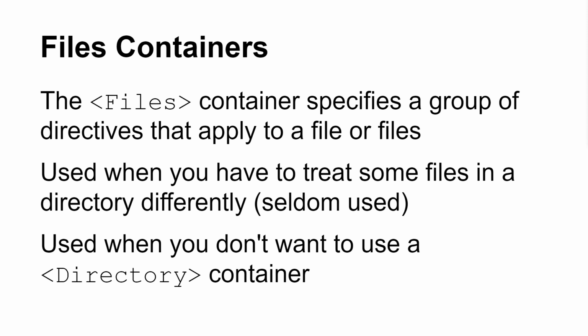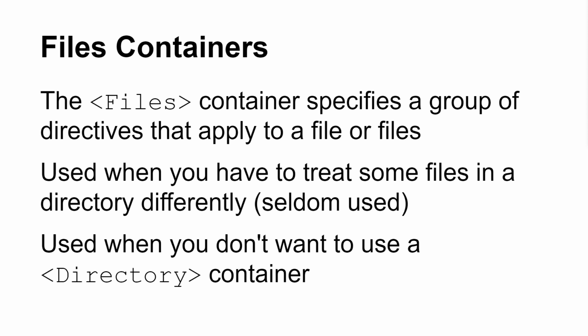And so you can make options for any type of directory that would meet that particular wildcard. The Files container works the same way, except you specify a particular file or a wildcard of files. So it works pretty much the same way as the directory, just that when you call a specific file that matches the wildcard, or a specific file that matches the path and the name, that is the only time that those options would kick in.